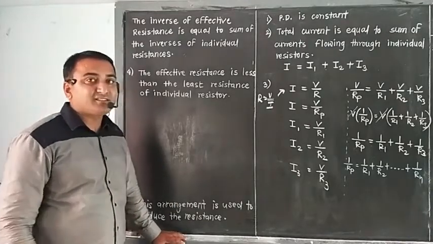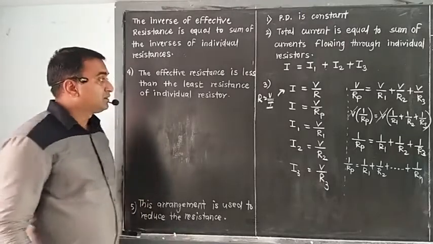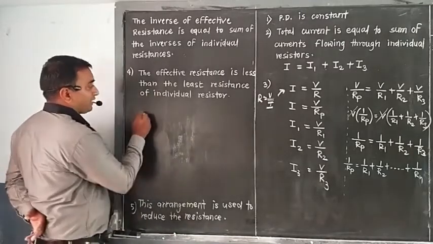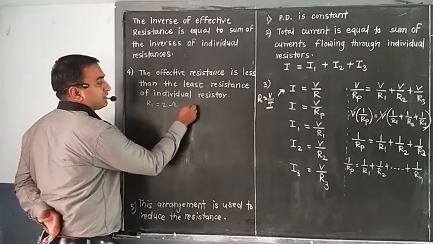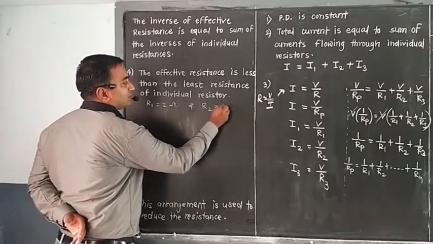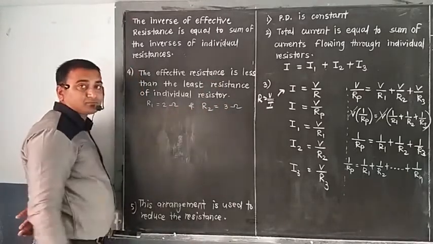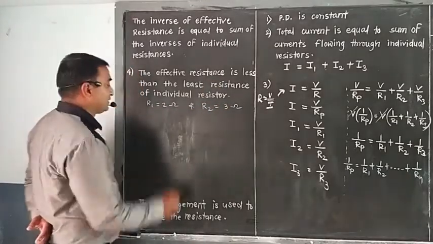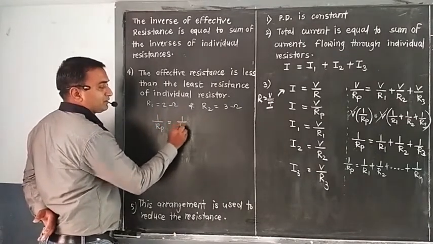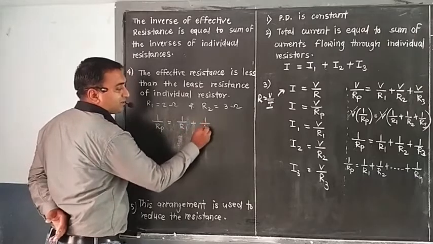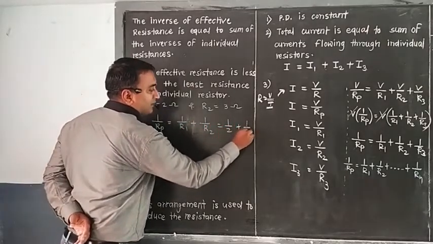In series we have discussed that it is more than the most resistor. Here, see how. Suppose R1 is 2 ohm and R2 is 3 ohm, connected in parallel combination. So 1 upon Rp is equal to 1 upon R1 plus 1 upon R2, that is 1 upon 2 plus 1 upon 3.